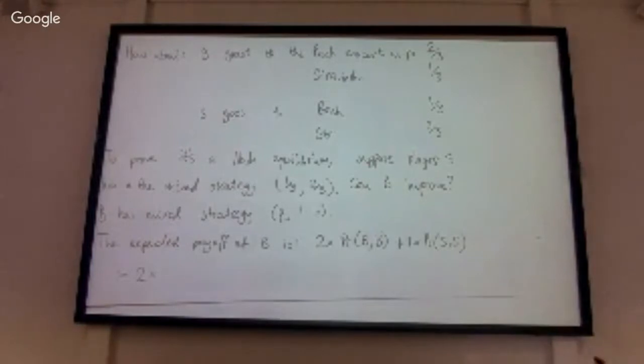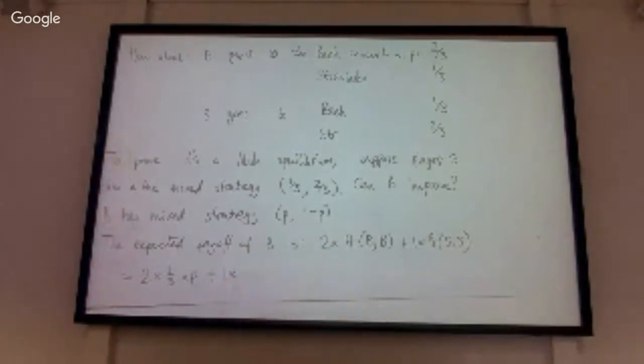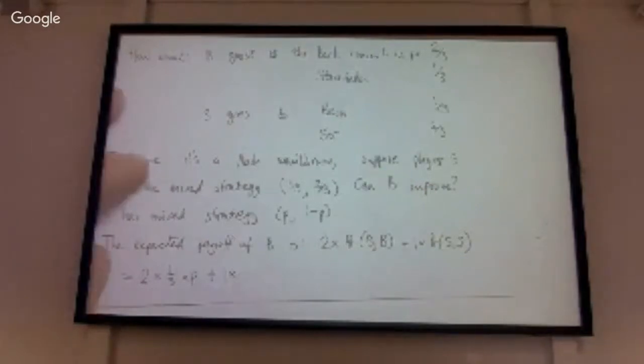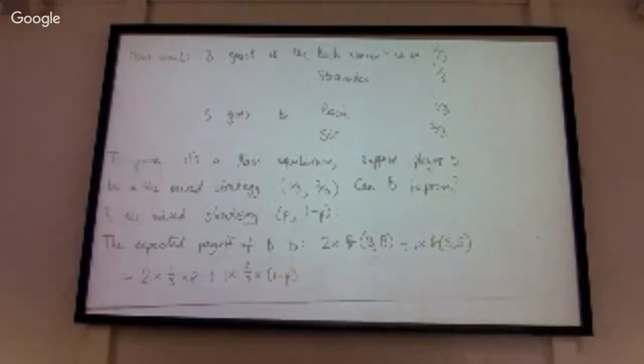It's 1/3, because S has to go to see Bach, times B. And the probability that they both go to see Stravinsky, well, it's 2/3 for this player times 1 minus P. So what is this?